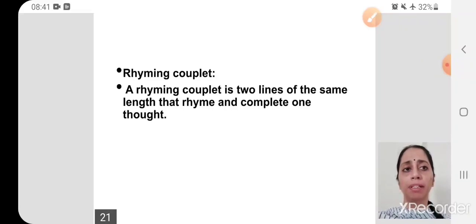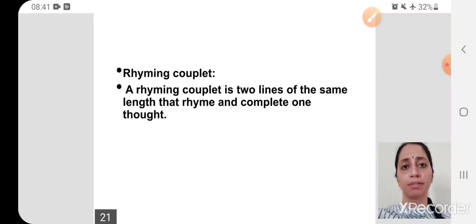A rhyming couplet is two lines of the same length that rhyme, which means they have a similar rhyming word, and complete one thought.